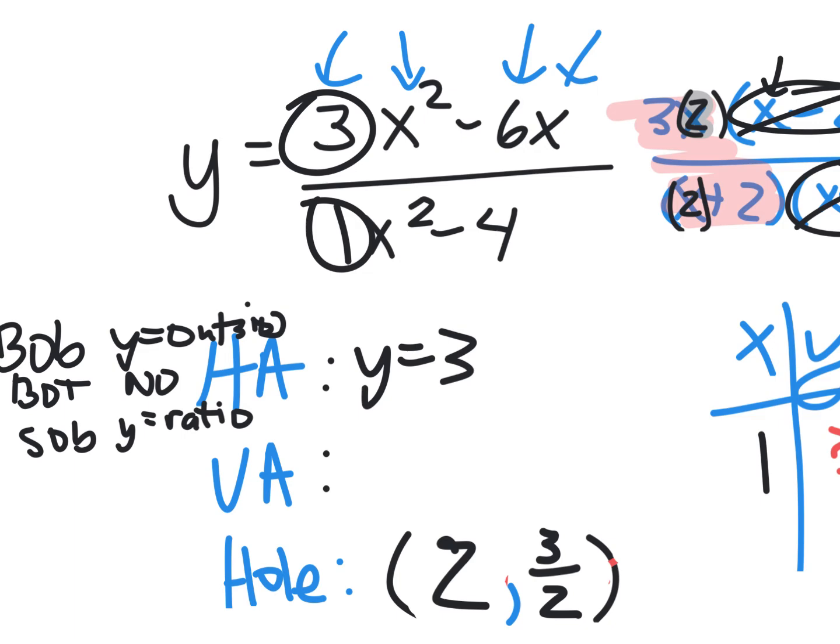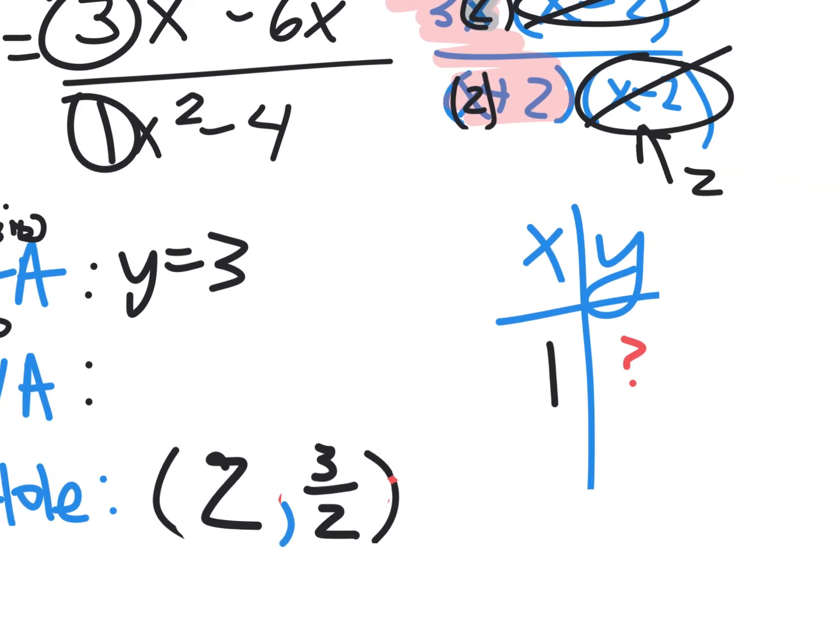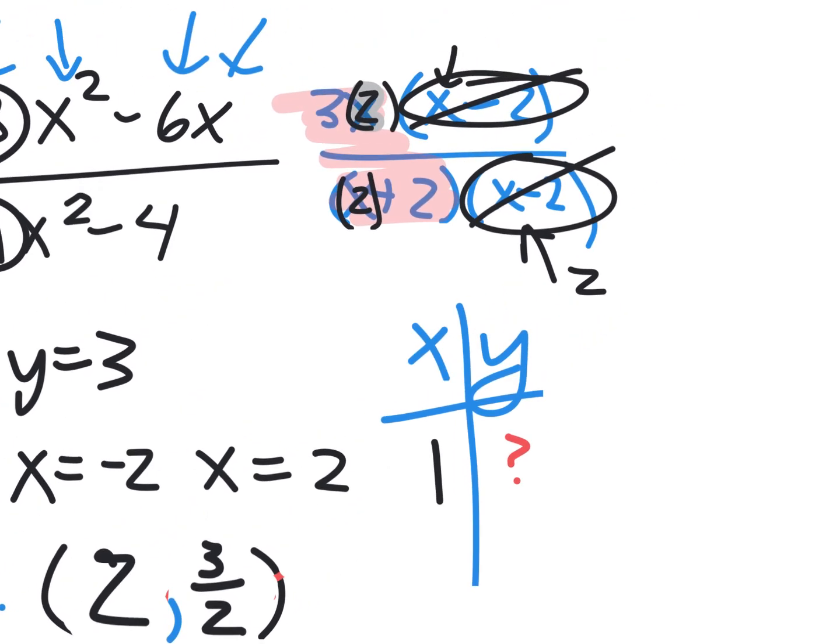Okay, good. And the vertical asymptote is whatever makes the bottom 0. Very common mistake here to say, oh, so there were 2 things, x equals negative 2 and x equals 2. But the problem is that it can't be both. I know this is complicated, but when there's one on the top and one on the bottom, then that was a hole.